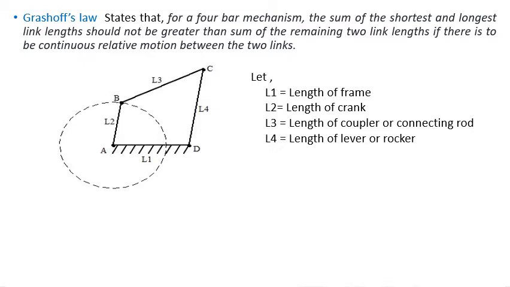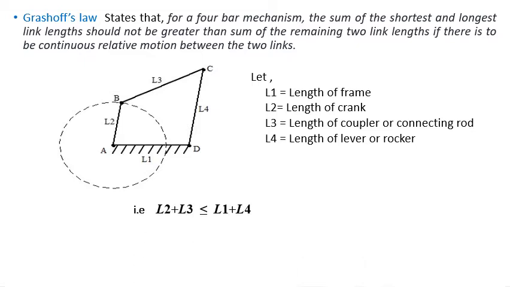So here Grashoff's law states that in a 4-bar mechanism, the sum of the shortest and longest link lengths should not be greater than the sum of the remaining 2 link lengths if there is to be a continuous relative motion between the 2 links. So in this 4-bar mechanism, the shortest link is AB, that is L2, and the longest link is L3, that is BC.